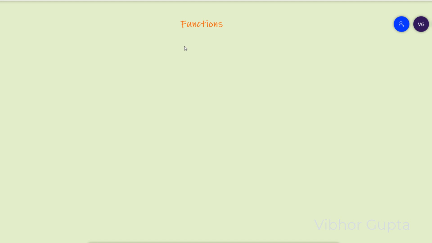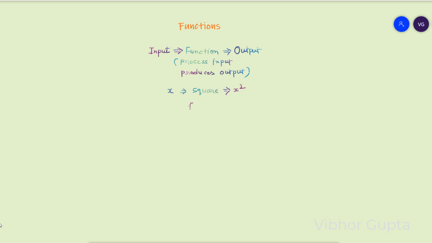Now let's see what a function is. A function is something that processes the input and produces the output. For example, let's say we have a square function and we take x as an input. When the square function takes this x as an input and processes it, the output produced is x square, right? And we can represent it this way: f of x equals x square.